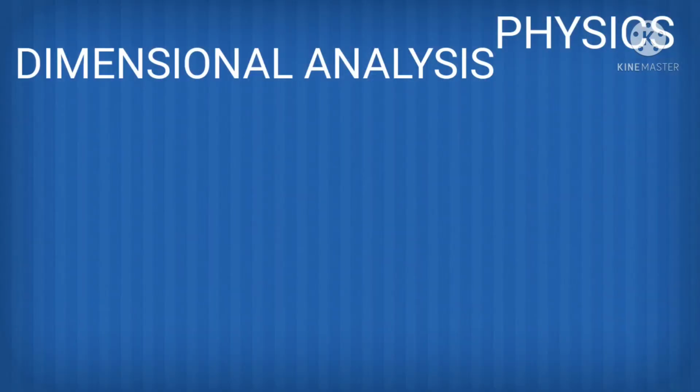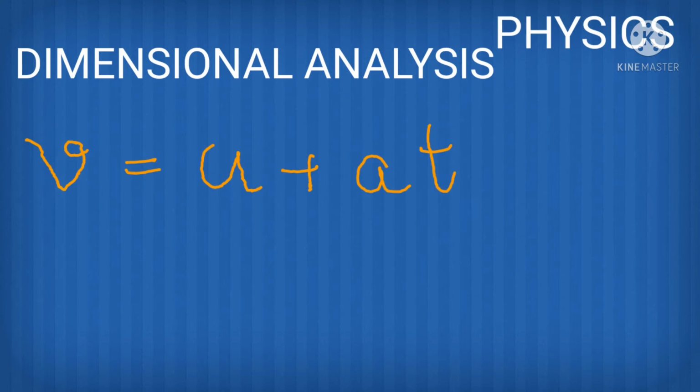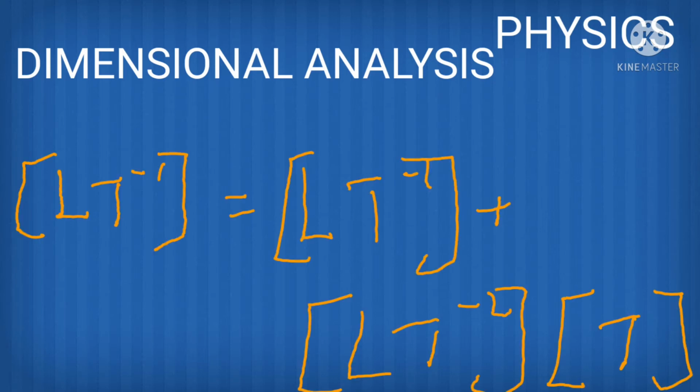Now the next application is to check the dimensional correctness of a given physical equation. For that, let us take the equation of motion v is equal to u plus at. While applying dimensional formula on both the sides, we will have LT power minus 1 for velocity, which is equal to u, which is also velocity but initial velocity.